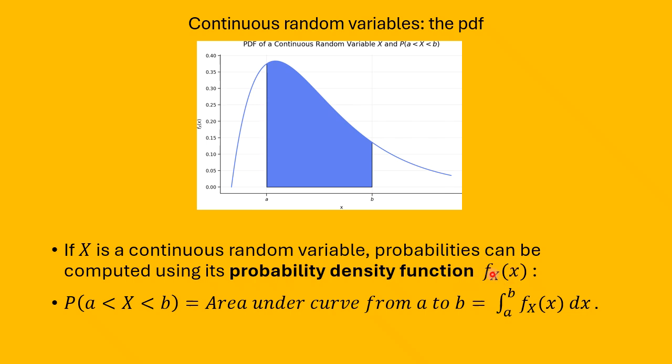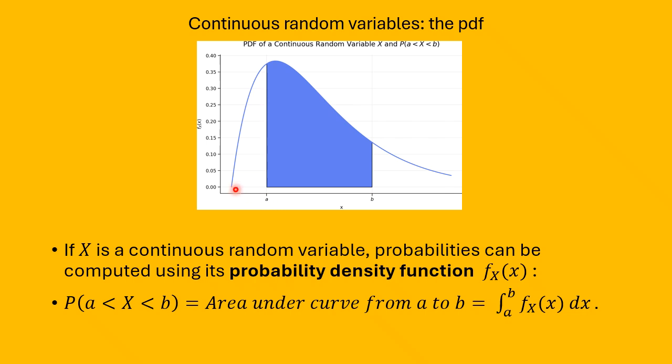F sub capital X will be the density function for this random variable capital X, and I want to tell you something about the value of this function at a point. It's going to have the following property. The probability that our random variable is between two real numbers, a and b, the probability that x is greater than a and less than b, will be the area under the curve from a to b, the area under the PDF.